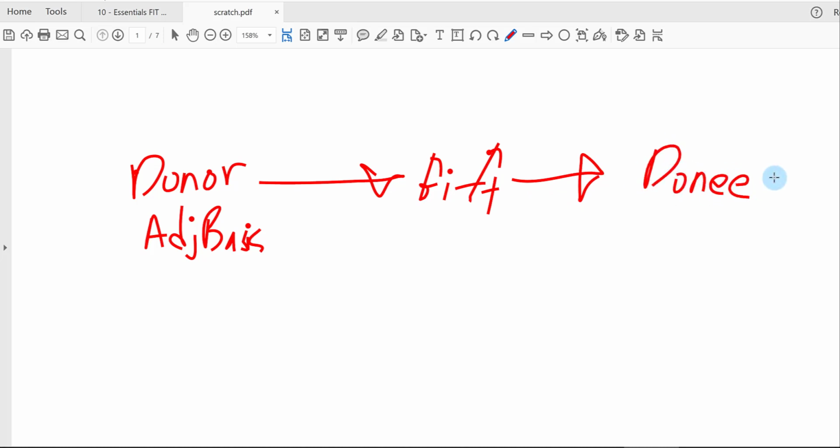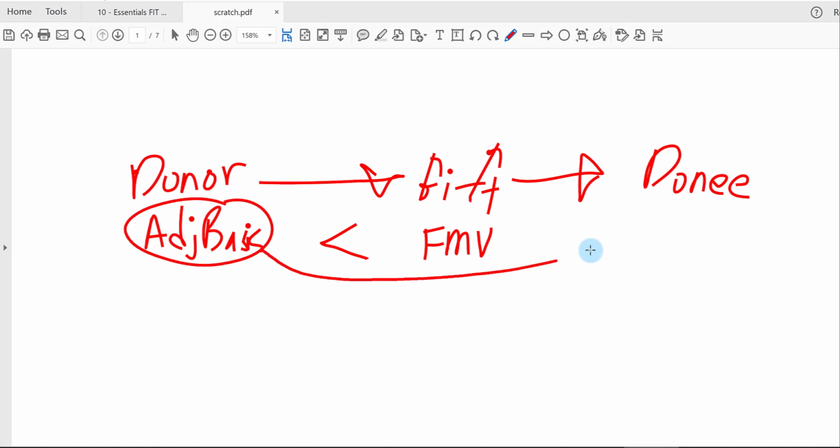And if at the time of the gift, the fair market value is greater than the adjusted basis, so here the adjusted basis is less than the fair market value, this adjusted basis will now be used by the donee.